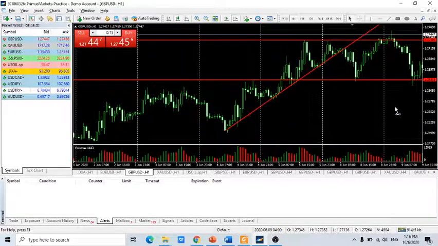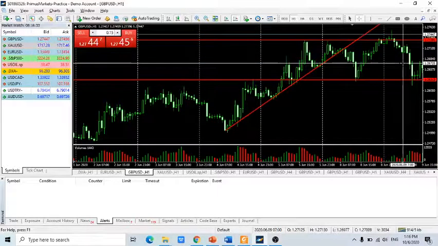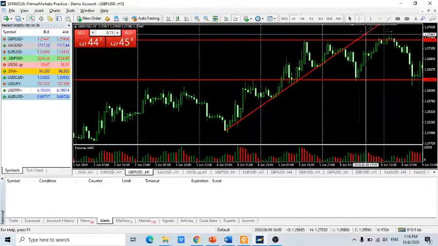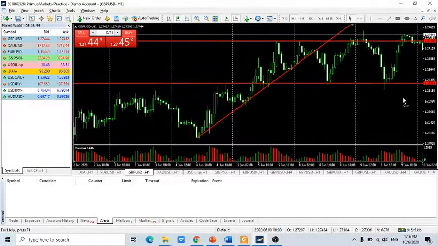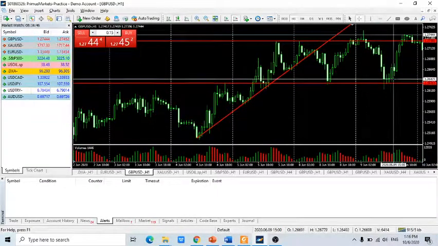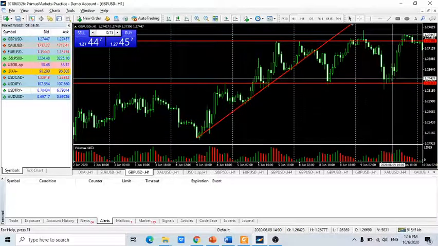So what this tells me is that in the Asian and UK trading session, the traders, especially in Asia and the UK, are of the opinion that the US dollar is strengthening and the UK pound is weakening. However, when it comes to the US trading session, it is their opinion that the US dollar is weakening and the UK pound is strengthening.